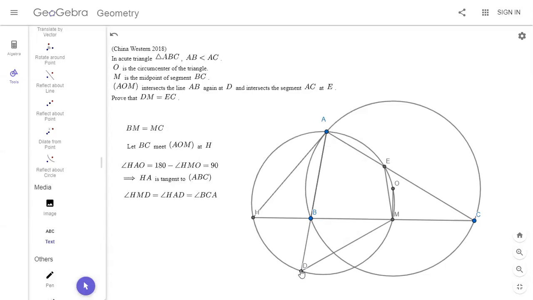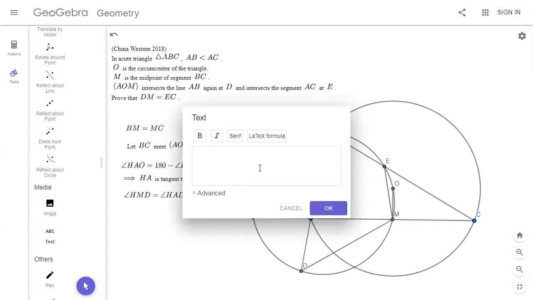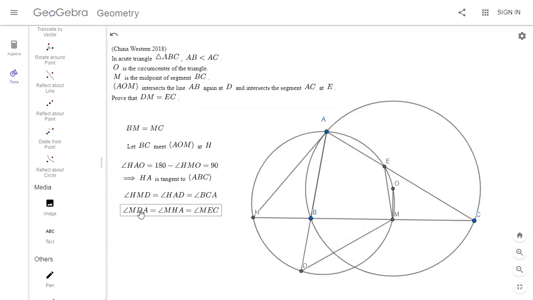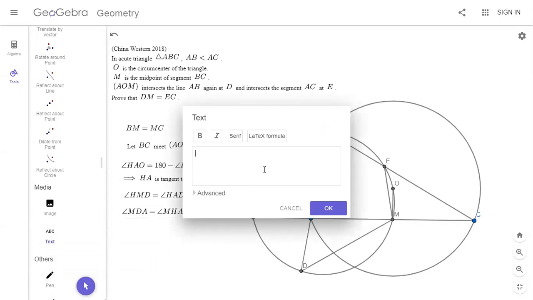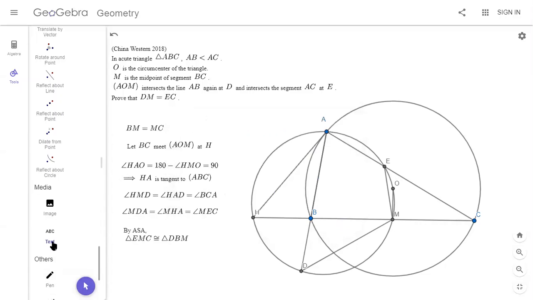And then the other angle is also equal because, yeah, we have angle MDA is equal to angle MHA, which is equal to angle MEC. And so by angle side angle, those triangles are congruent. So triangle EMC is congruent to triangle DBM. And so therefore DM is equal to EC.